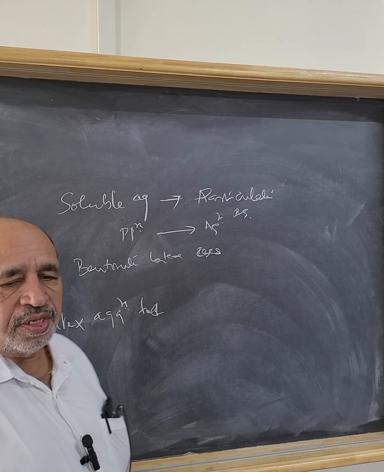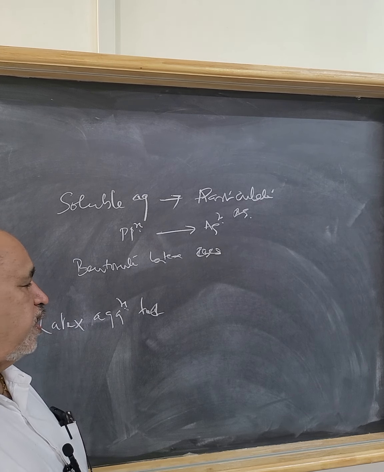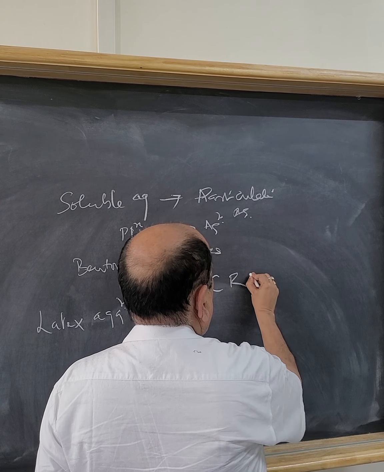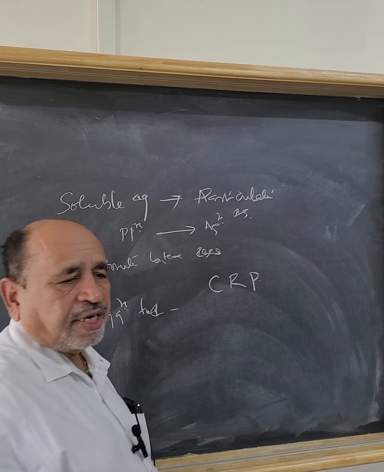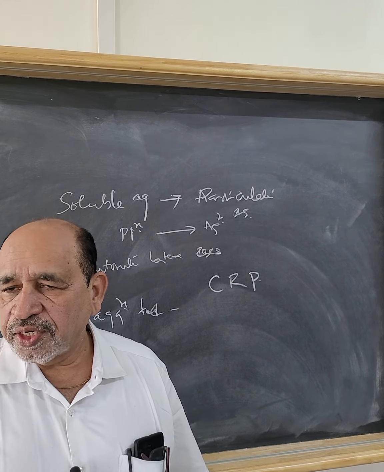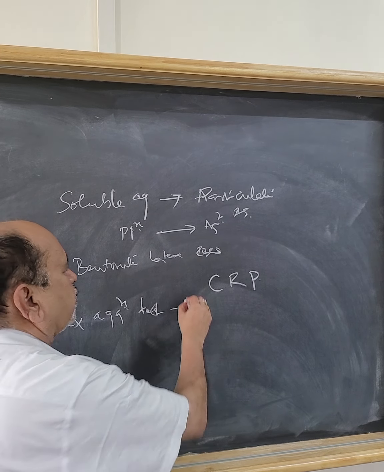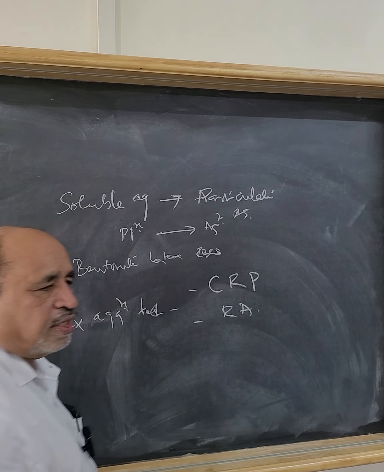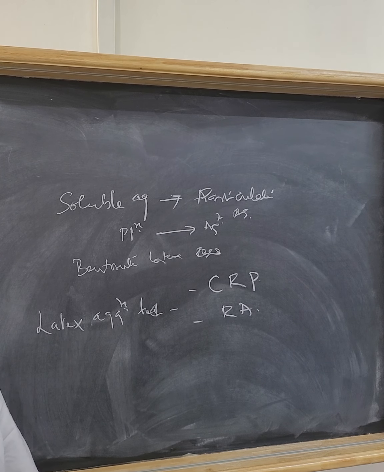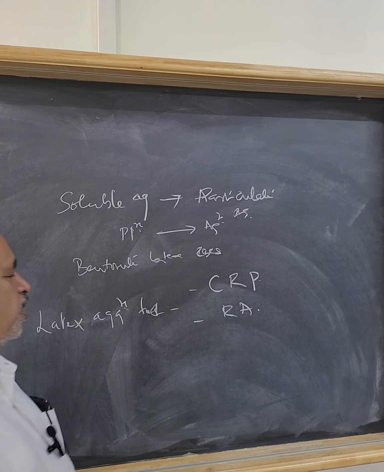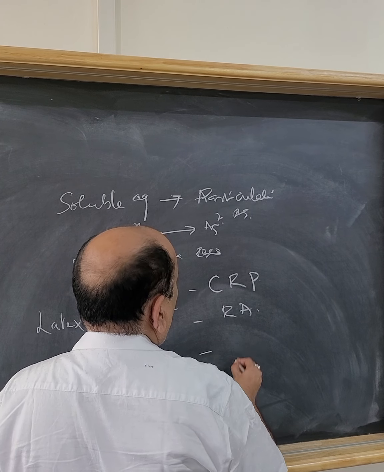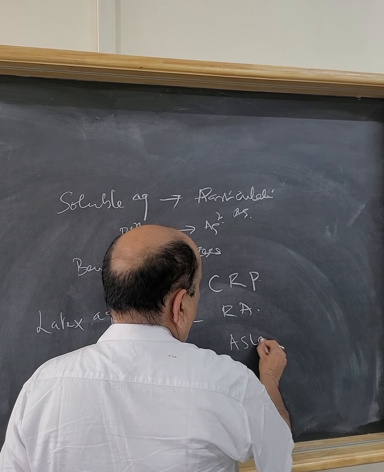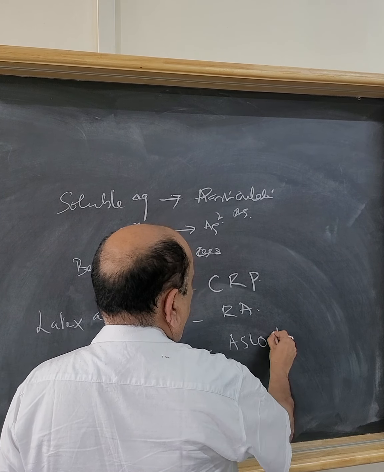Examples of latex agglutination test are C-reactive protein, rheumatoid arthritis factor, and ASLO.